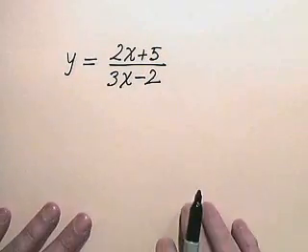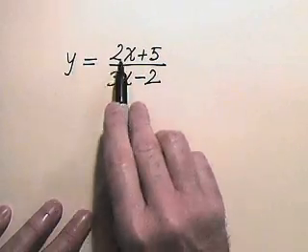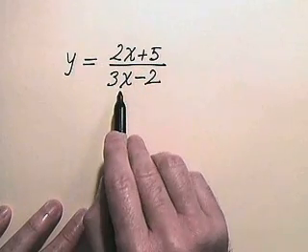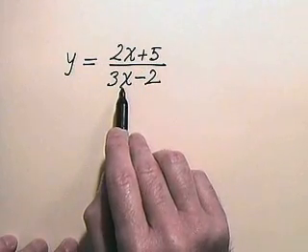Okay, we've seen now how to differentiate products and quotients. The quotient rule is the trickiest, so let's look at an example where we have to apply the quotient rule. Here we want to differentiate the function y equal 2x plus 5 divided by 3x minus 2.